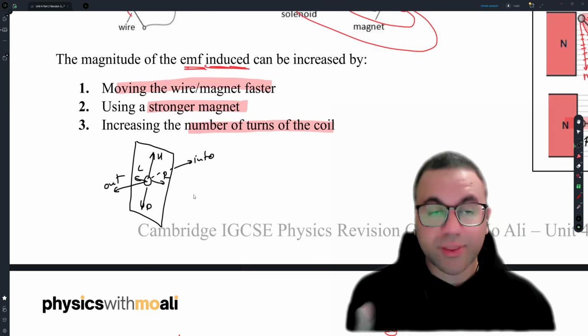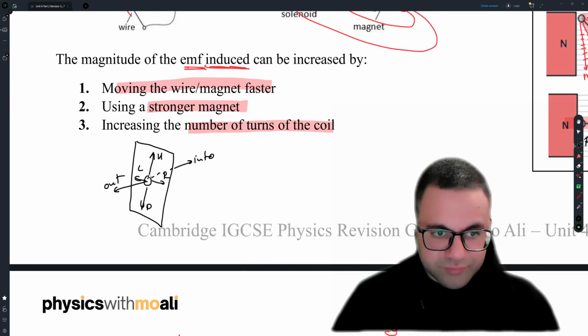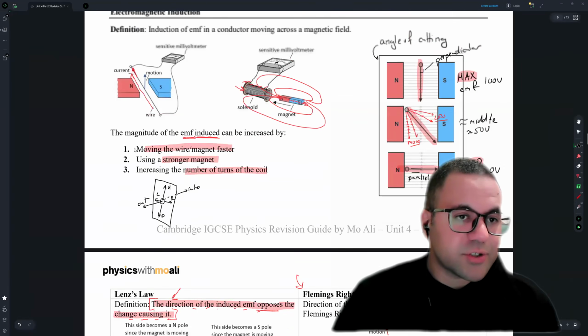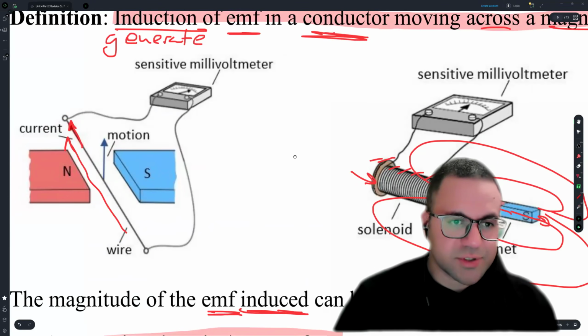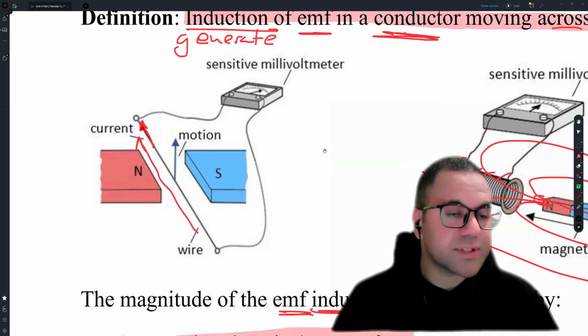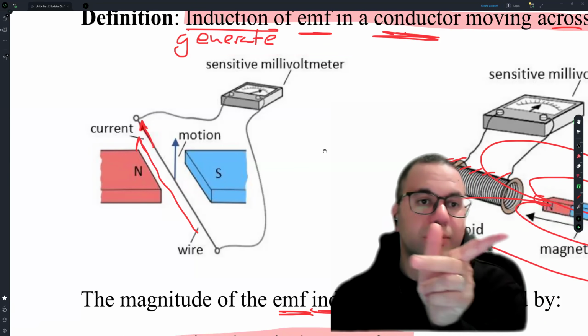I know we've already tried the into the page thing with the right-hand grip rule, but now you can try it here. Even if it's an isometric diagram, like this 3D diagram over here is what we call an isometric because it's got like an angle over here.